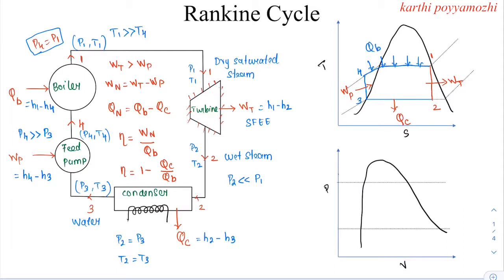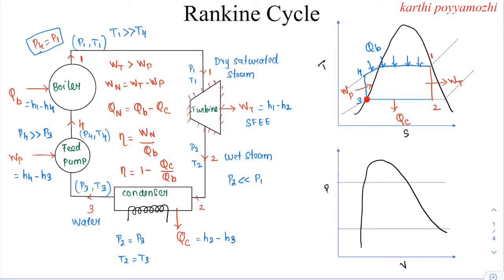Okay, that is from 1 to 2. It is an isentropic process, that is isentropic expansion, where the turbine produces a work WT, and from 2 to 3, it is a constant pressure process where there is only a phase change which is taking place.